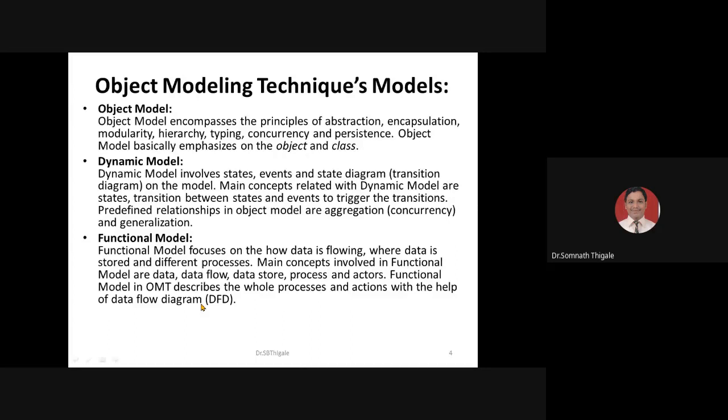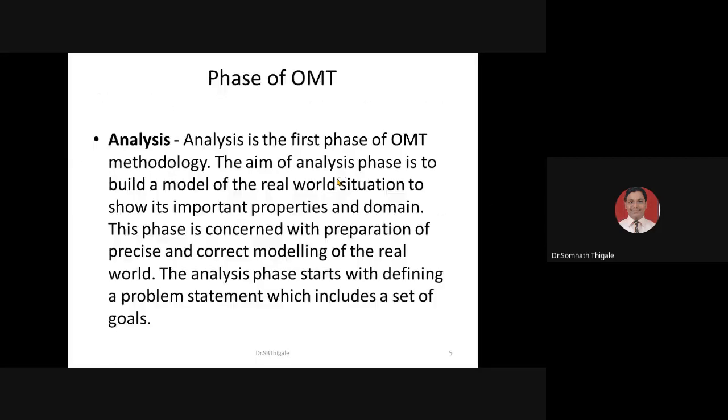For example, if I say state diagram, it represents the specific states, what input you have given, and based on what input how the transition will take place, to trace the particular events. So we'll call it one particular diagram, for example, state diagram. Is this clear? Difference between the diagrams and the models.